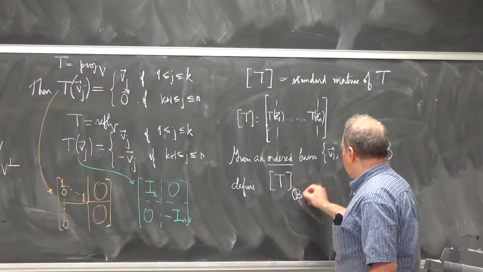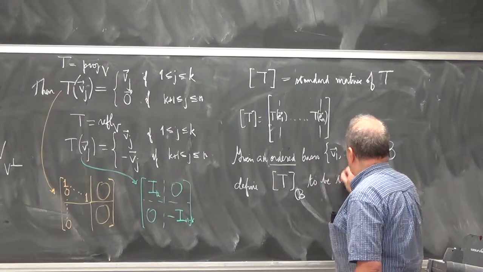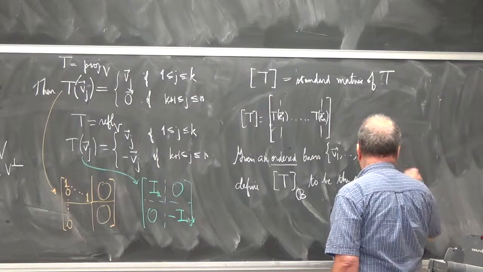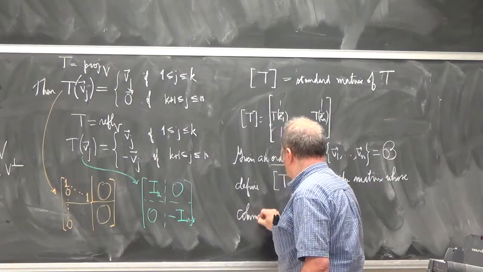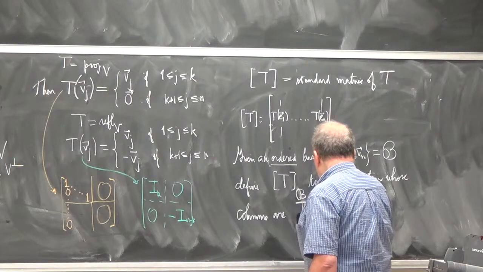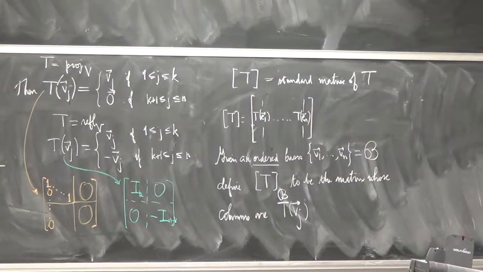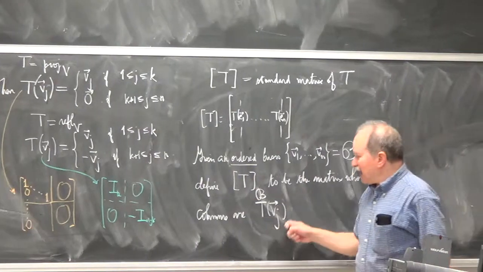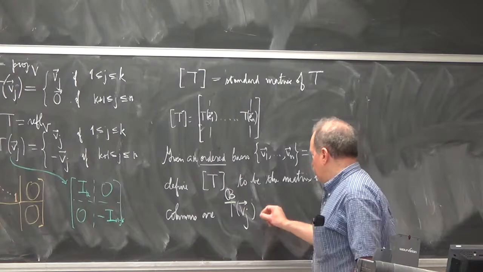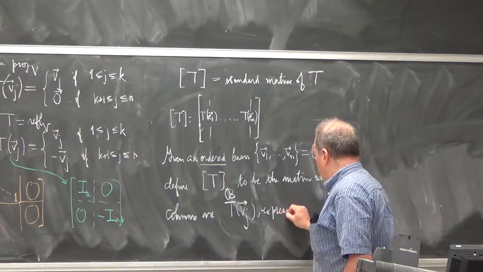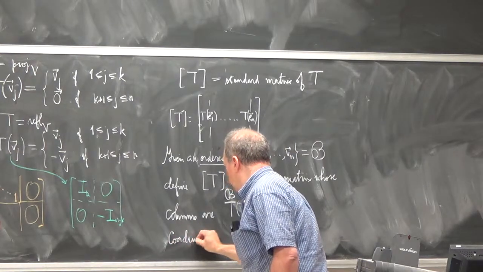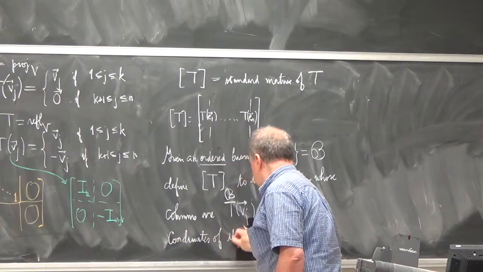So we're going to define this to be the matrix whose columns are T of the various V's, but written in terms of the basis of V's, not in terms of the standard basis. Expressed in the coordinates of the basis B.